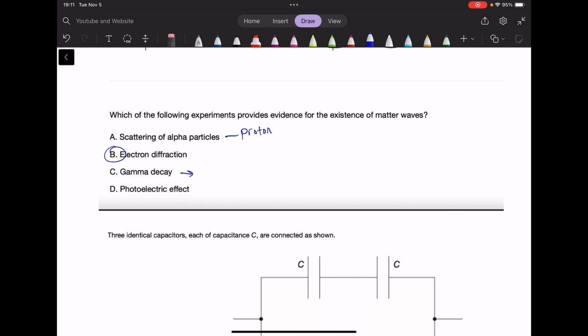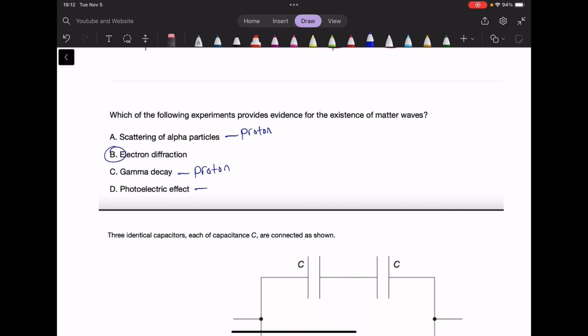C is wrong. Gamma decay shows the emission of a photon as energy. So basically, when an electron absorbs a photon, it goes to a higher energy state, and when it emits a photon, it releases energy, so it goes to a lower energy state. So this is related to photons. Photoelectric effect is also wrong.